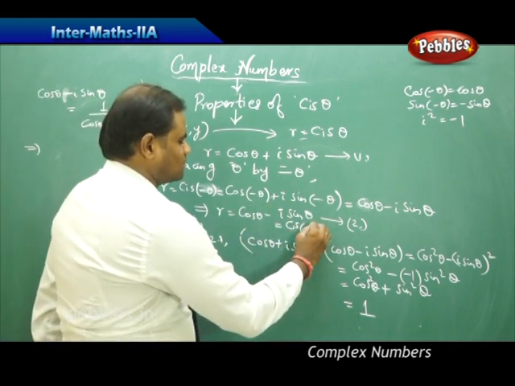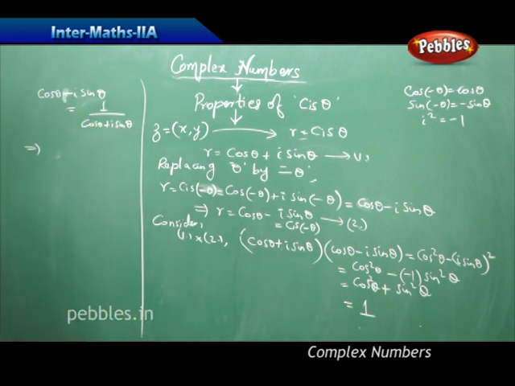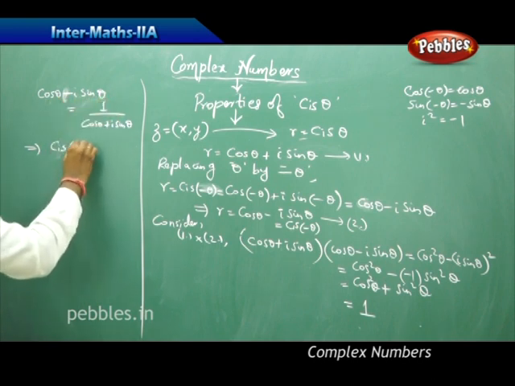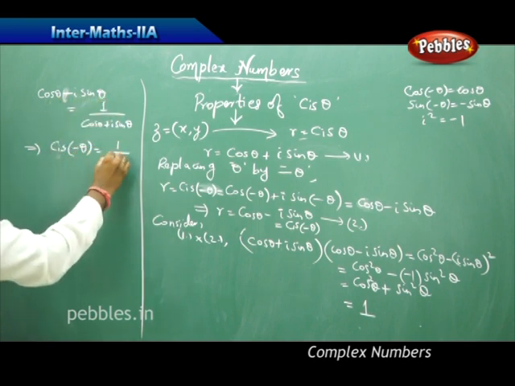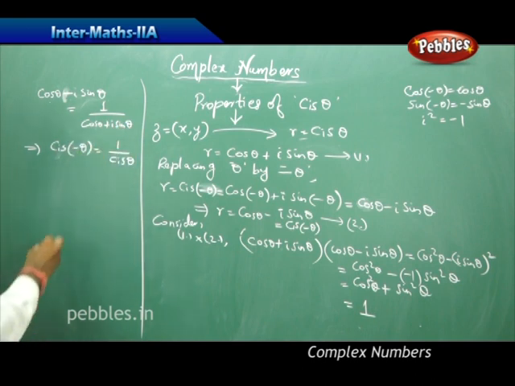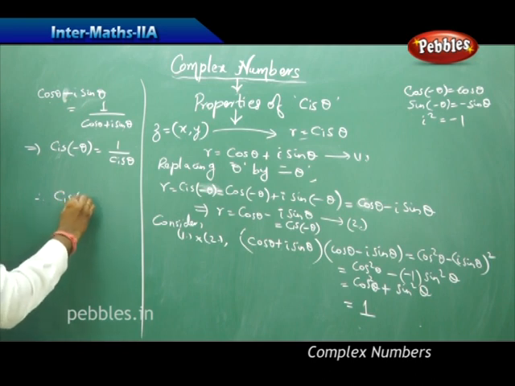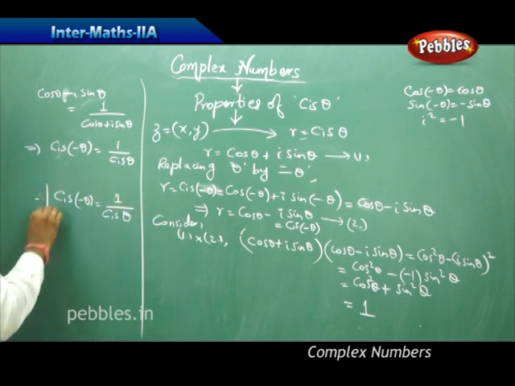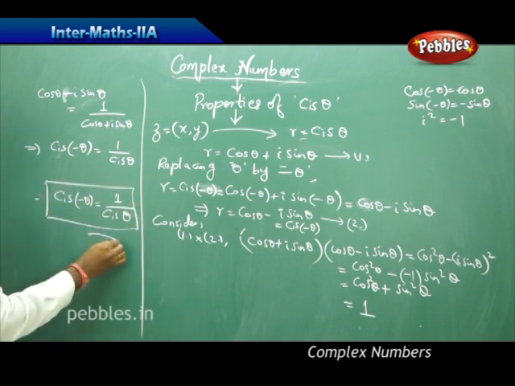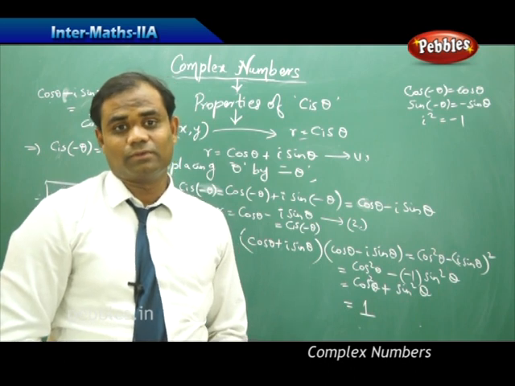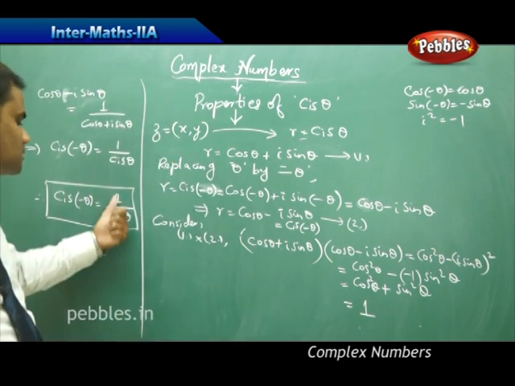Therefore, cos theta minus i sin theta is cis of minus theta, that is 1 by cos theta plus i sin theta, which is cis theta. Therefore, I derive here that cis of minus theta will always be 1 by cis theta, which is the proof of cis of minus theta equals 1 by cis theta.